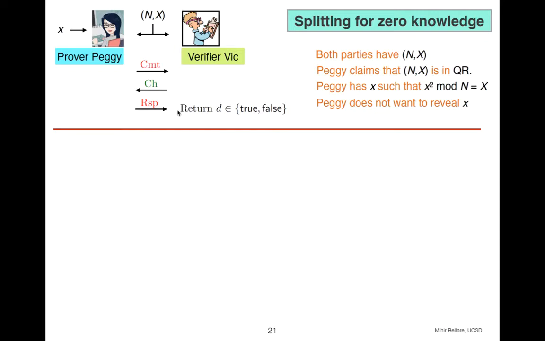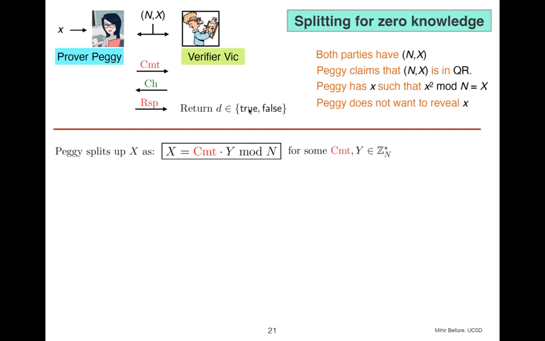And we're going to create a 3-move protocol. Unlike our prior protocol where there was only one interaction, now Peggy will send something called a commitment, Vic will send something back called a challenge, Peggy will send something called a response, and only then will Vic make a decision.